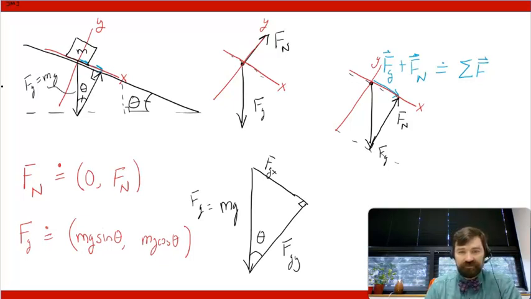Okay, so these go with this triangle. Now if I want to get the sum of forces, I know that in the direction perpendicular to the ramp, I have no net force. That's another way of saying this box remains on the ramp as it slides down the ramp. It doesn't float off, it doesn't fall through, it just slides along.